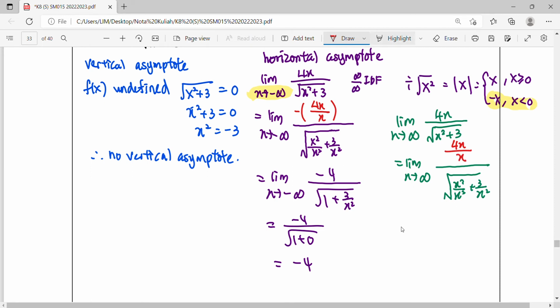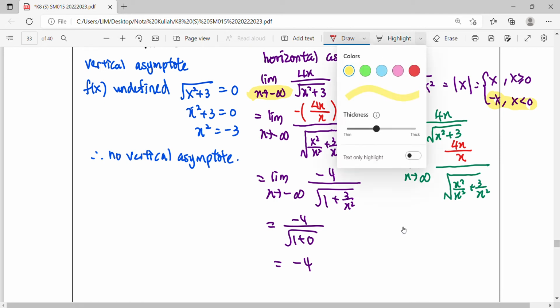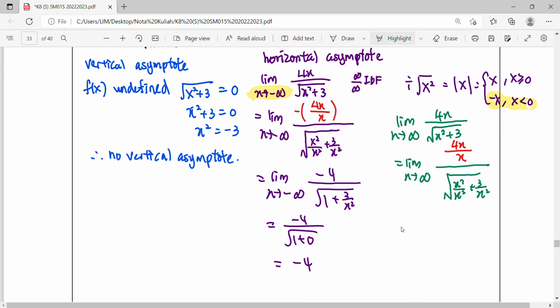Positive x only. Kenapa? When you simplify your square root x squared, you're supposed to get modulus. Then look at your x approaching here. Your x is going to positive infinity, maksudnya dia akan semakin ke kanan.